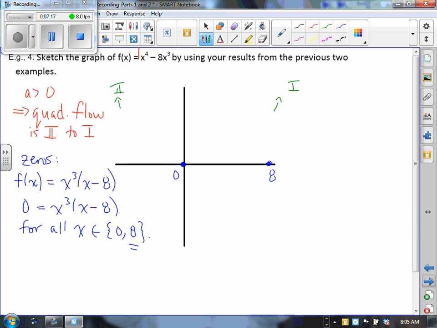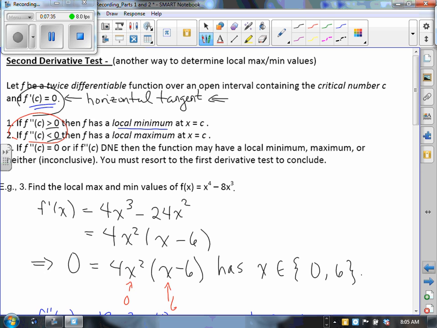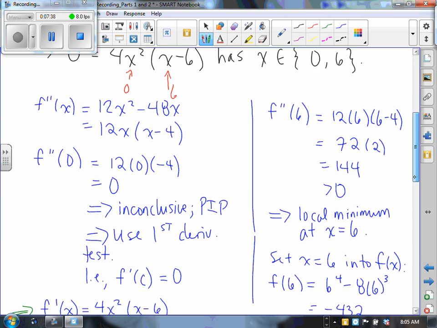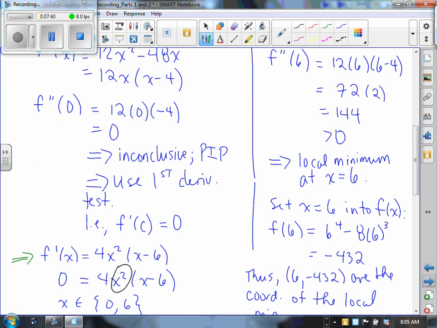Now, let's consider some of the other information we have available to us. We had shown that at x equals 6, there was a local minimum. Let's go back and see what its y value was. We had shown minus 432.